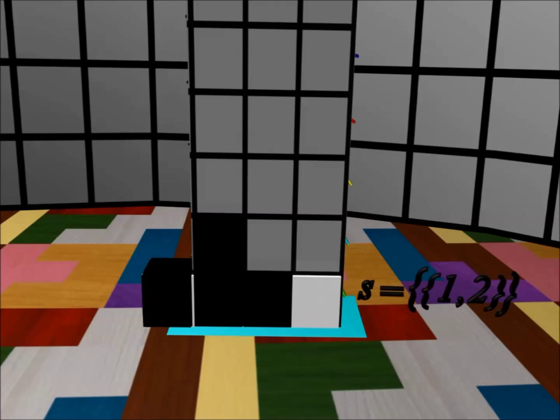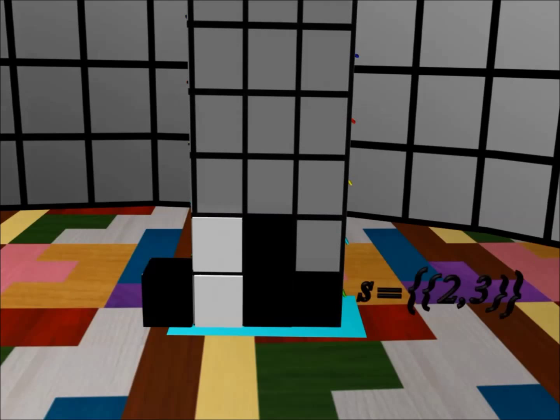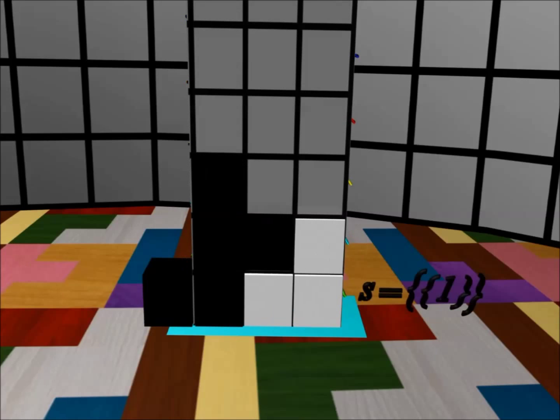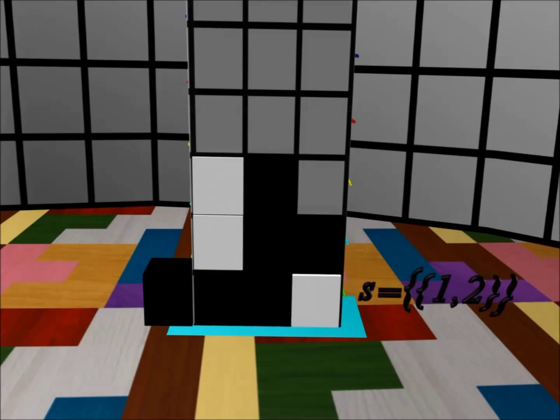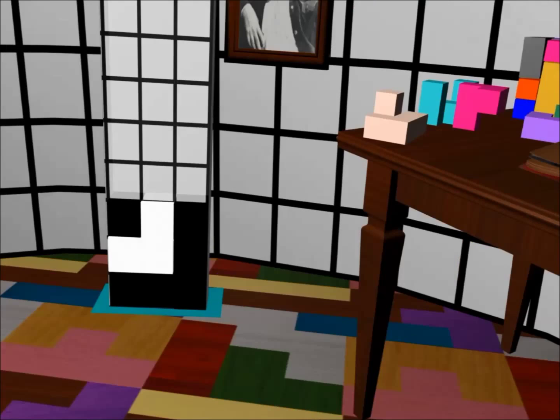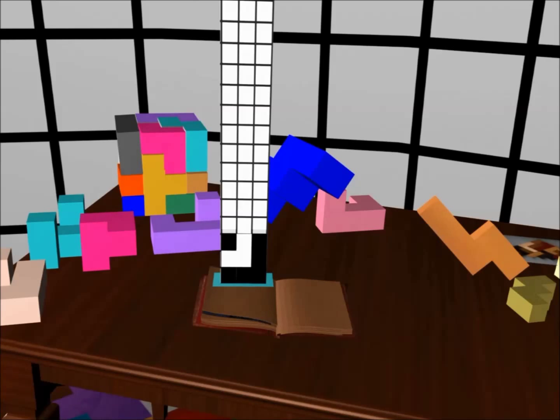Therefore, they belong to the same subset of the signature of the partial polyomino. The key idea is that we don't need to keep in memory all possible polyominoes, but only all possible signatures.